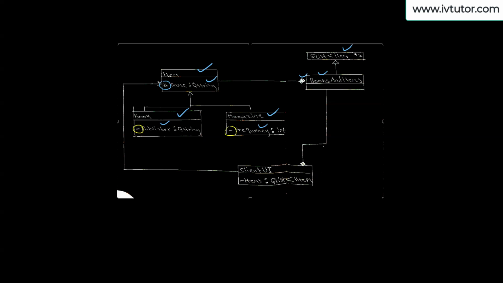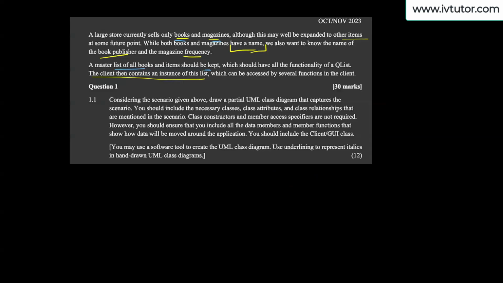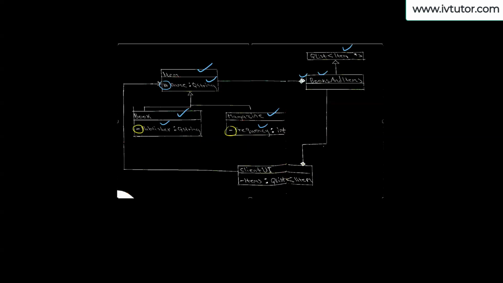Then what else was required here? Then they said, now you do your client, which should have a list inside. So inside your client, if you have books and items as your class, this is what we should see here. That's your list, not this.